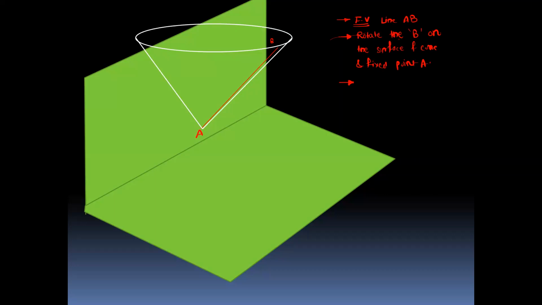We rotate point B, that is this point, on this circumference or on the surface of this cone, and we fix the point A. We will not change the position of this point A, because if you follow this step, then we can make the line parallel to the vertical plane.